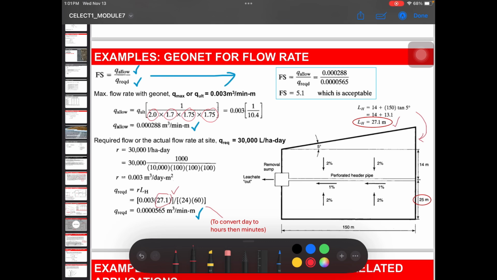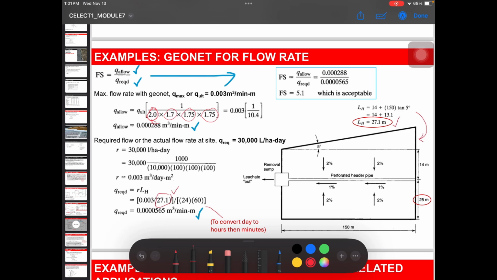Pinakamataas niyang ginamit yung reduction factor na 2.0. This is reduction factor for intrusion. Baka kasi malalaki yung gravel or mga stones na ginamit, or yung size ng stones is yung size na makaka-intrude easily dun sa apertures ng geonet. Kaya minaksimum niya yung reduction factor niya dun.